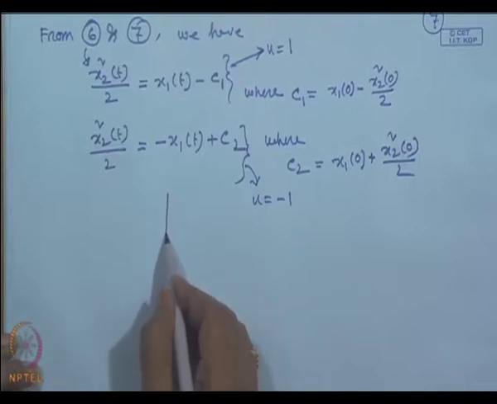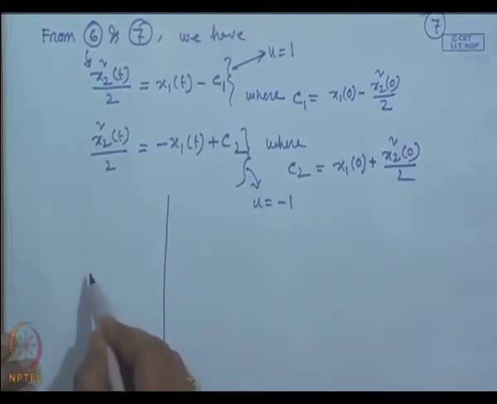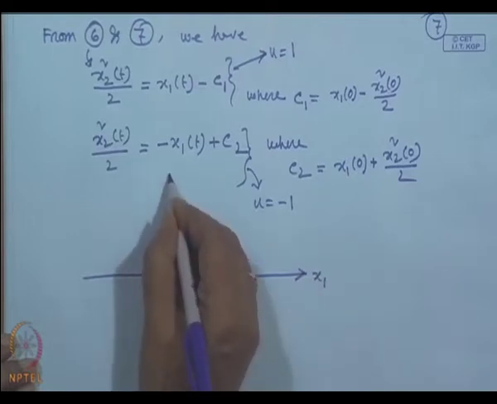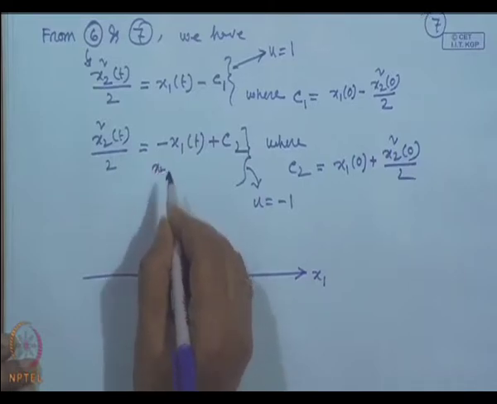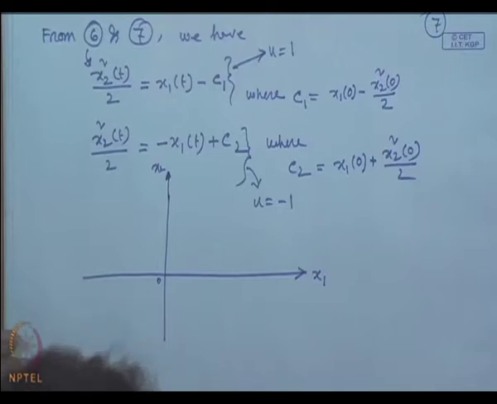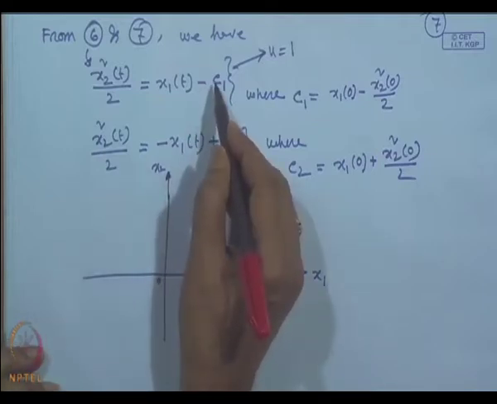So, there are two states here, x1 and x2. I am showing x2 here, and this is 0. Let us call C1 is equal to 0. Then what is this?